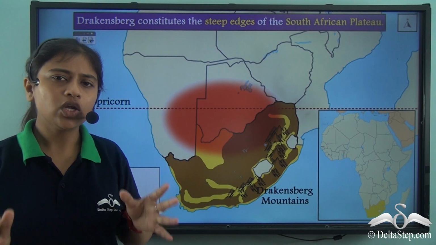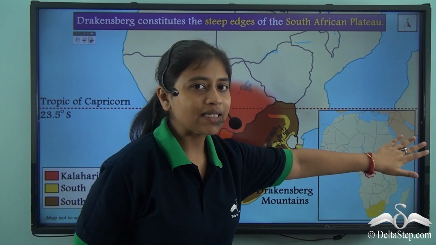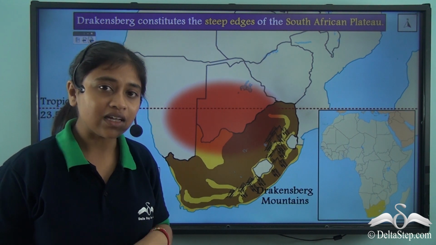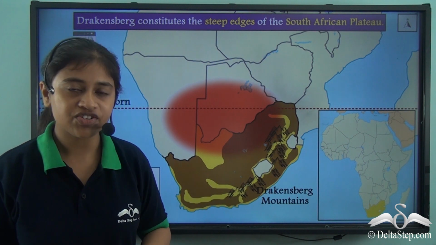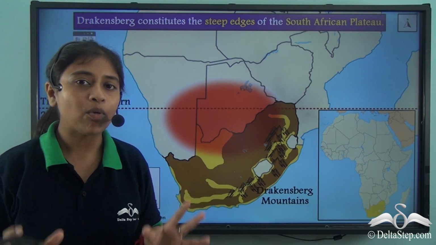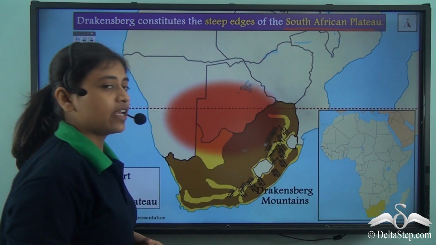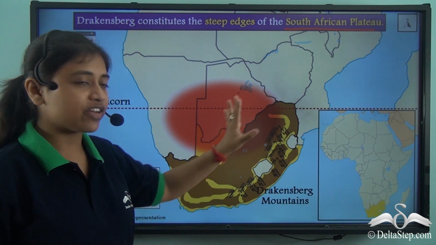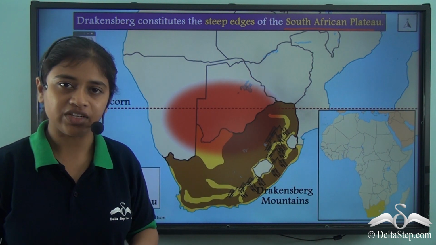Now we've taken a look at the Ethiopian plateaus that were somewhere around the northeastern part of the continent. Now if we travel down to the southernmost part of the continent, in the country of South Africa, we have a very important plateau. That is the South African Plateau. The South African Plateau covers 2/3 of the area of South Africa.